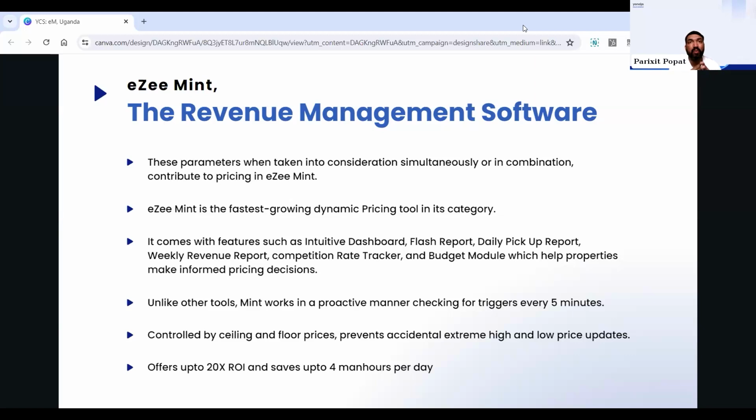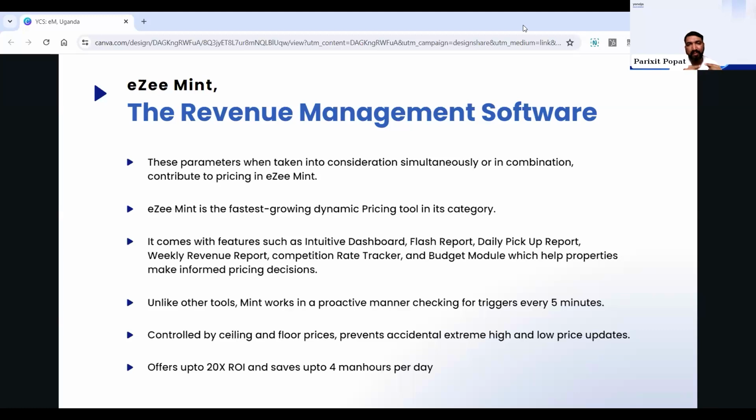And I'd like to very happily mention it is the fastest growing dynamic pricing tool in its category. Since launch, we have created new features like dashboard, flash report, daily pickup report, weekly revenue report, competition rate tracker, budgeting, and a lot more things to help you make informed decisions, reduce your workload, and improve profitability.